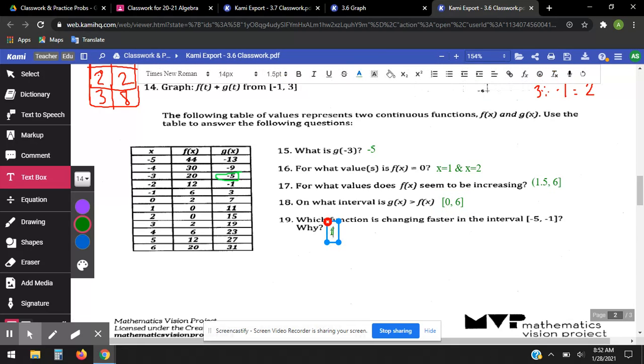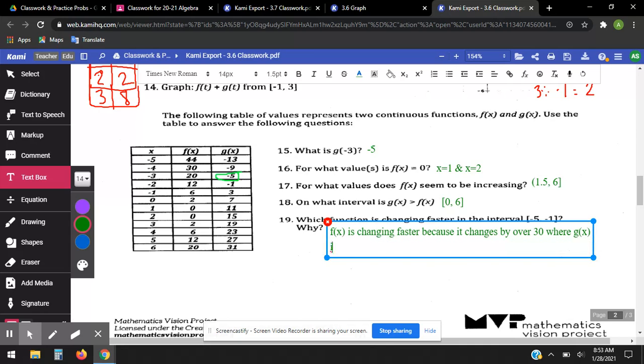Let's go ahead and start typing this. f of x is changing faster because it changes by just over 30, where g of x is only changing by, how much is that, -13 to 3, by 16.